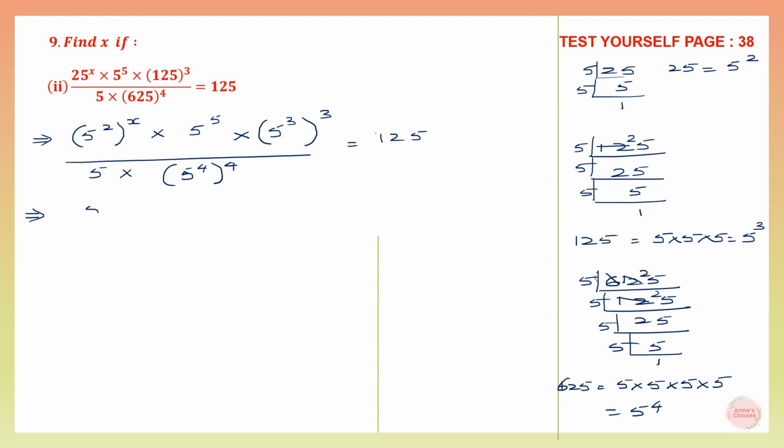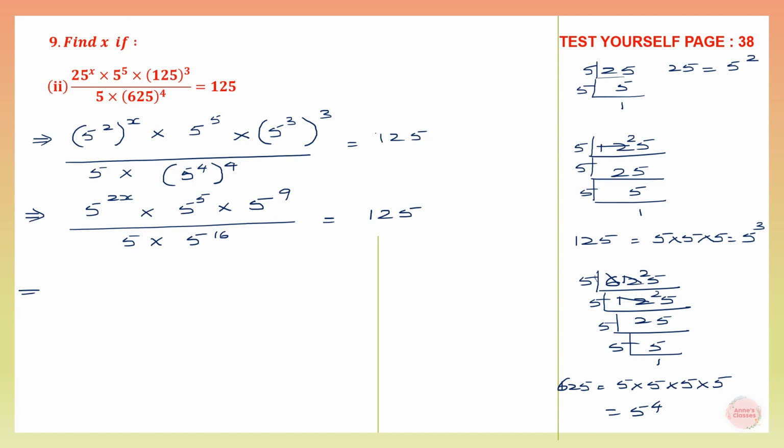So now this becomes 5 raised to the power of 2x into 5 raised to the power of 5 into 5 raised to the power of, here also we could say 3 threes are 9. Multiply the powers. So we have 5 raised to the power of 9, and in the denominator we have 5 into 5 raised to the power of, here we have 4 into 4, which is 16. 5 raised to the power of 16, and all this is equal to 125.